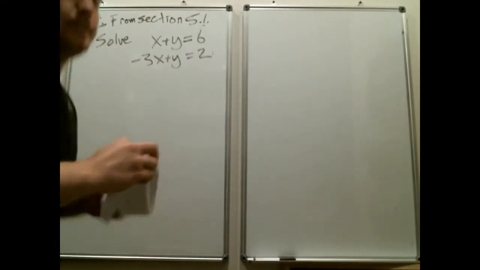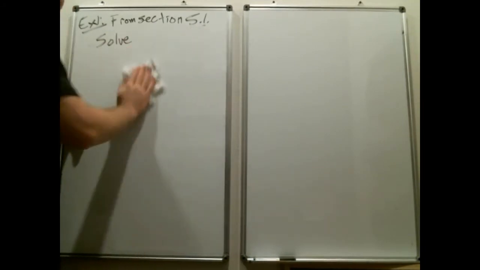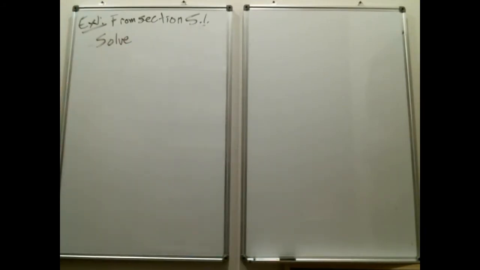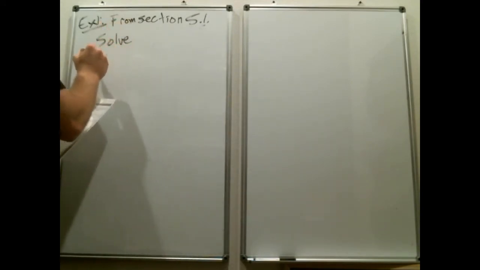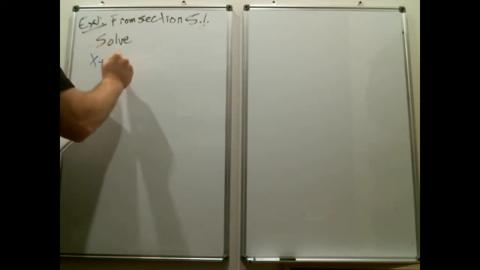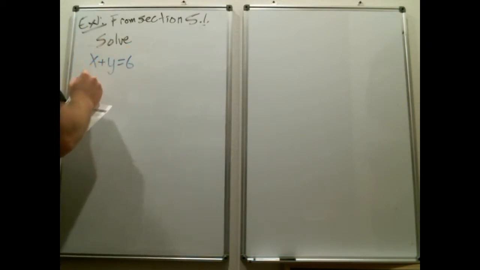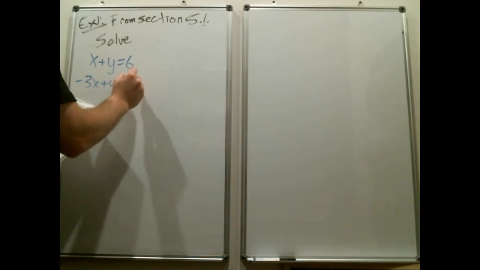All right, and actually what I'm going to do, I'm going to use the same problem. I'm just going to rewrite it because my board is limiting me how I would like to write it, but you should be fine on your paper. Solve x plus y equals 6, negative 3x plus y equals 2.